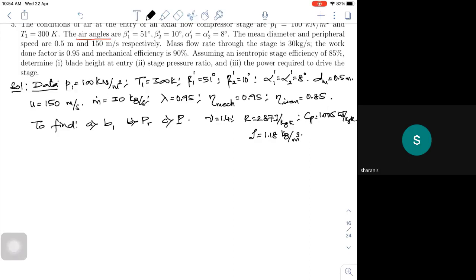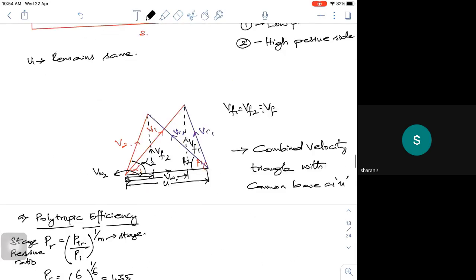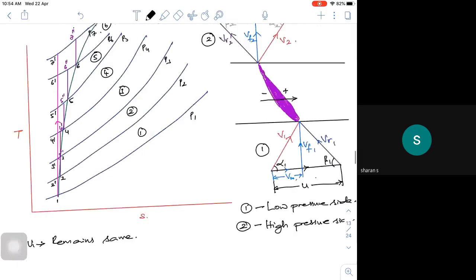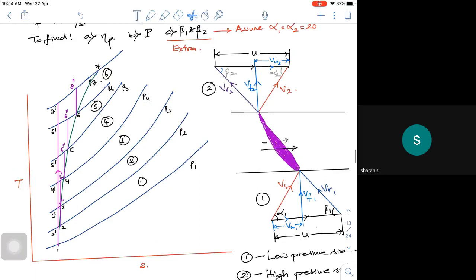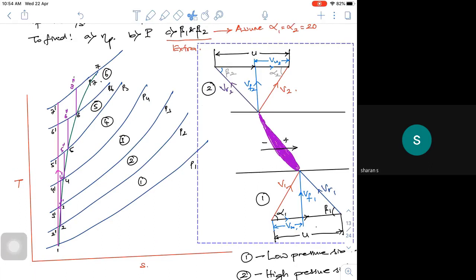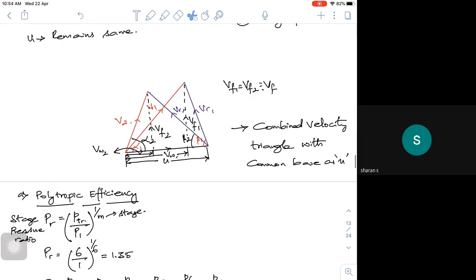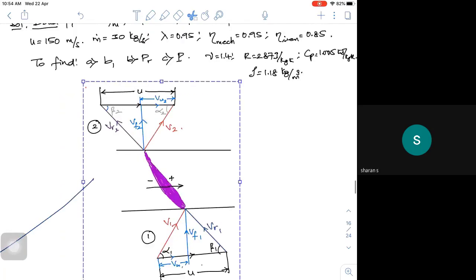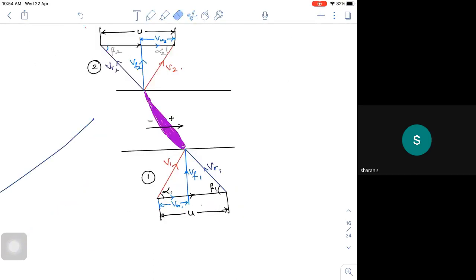I have to redraw this velocity triangle, but instead of spending that time, I will just copy the same thing I have drawn for an axial flow machine and use it over here.